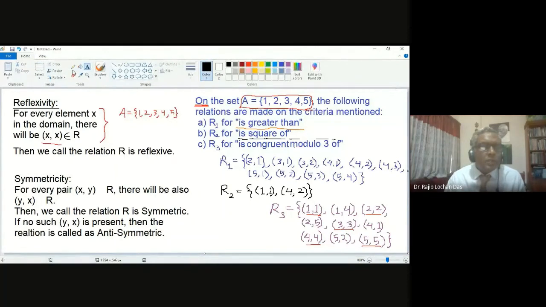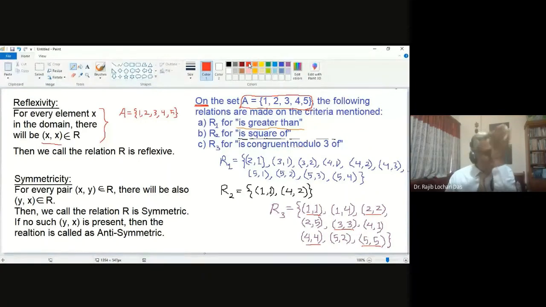Now let me explain and check with the example here. This is a member of symbol, and this is a member of symbol. So what is actually here?